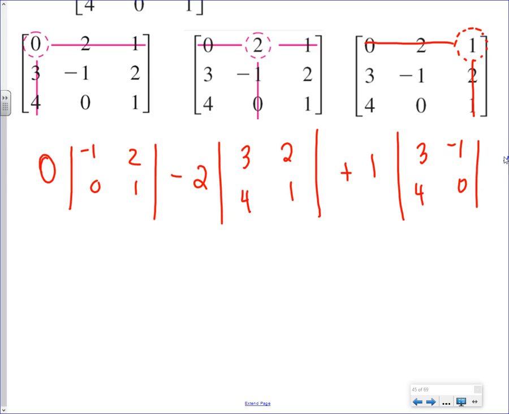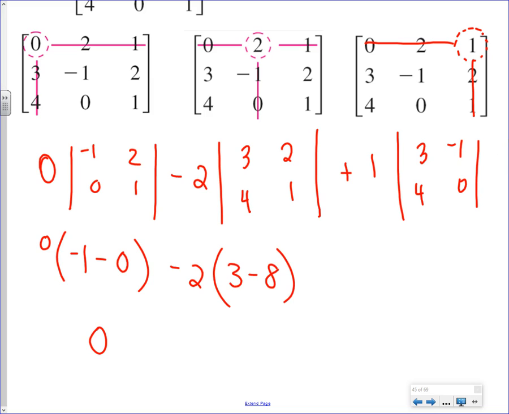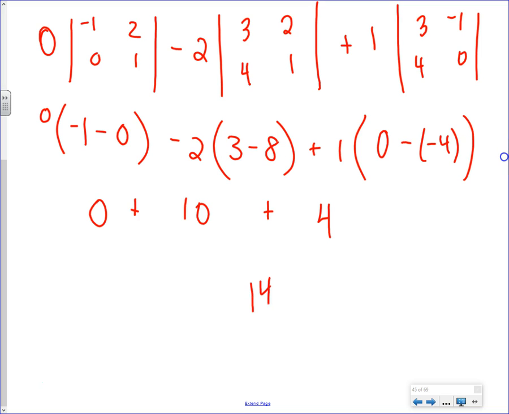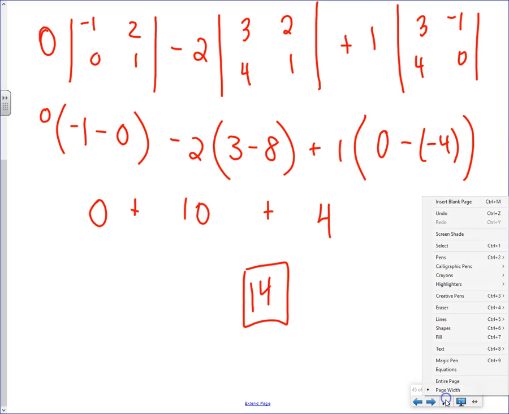And then you would find the little baby main minus opposites, to get the final answer.